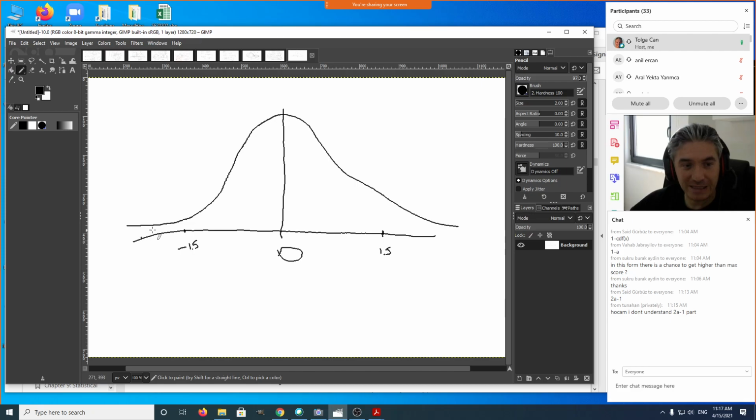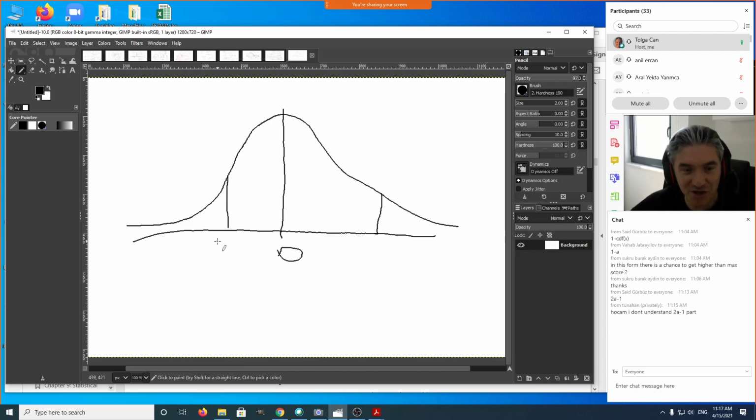Now, since this is symmetric, I didn't draw it as symmetric. It doesn't look symmetric at all in my figure, but assume that it is symmetric. I have to draw it symmetric so that you understand it better. So let me put 1.5 here and the other 1.5 here.